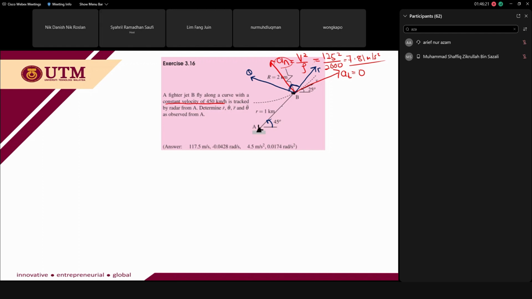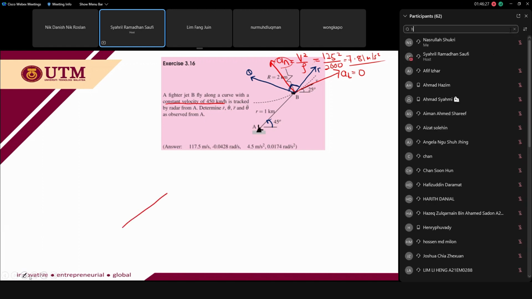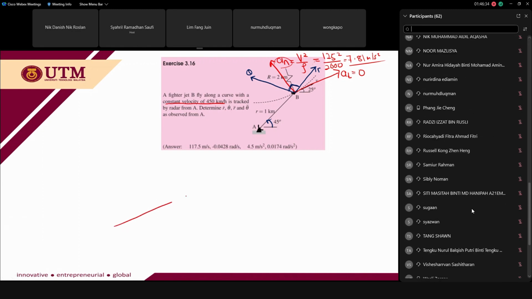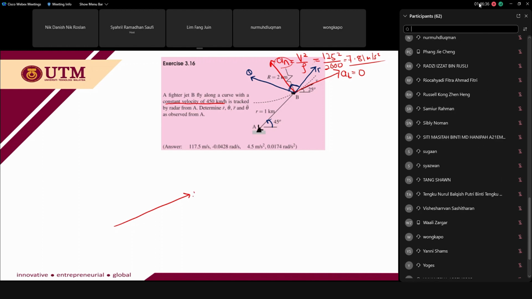Let me redraw it again. This is your AT, which is 0, along the tangent. Let me put it here as the tangent axis.